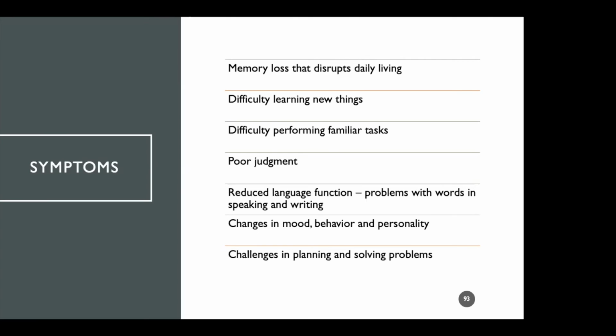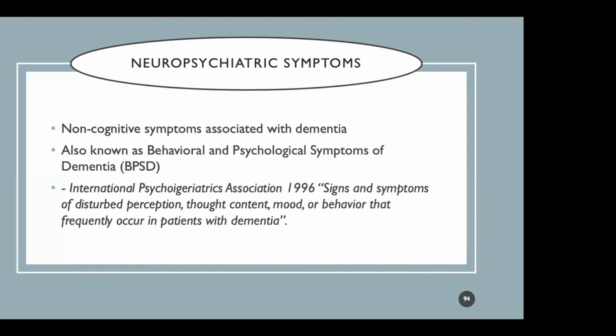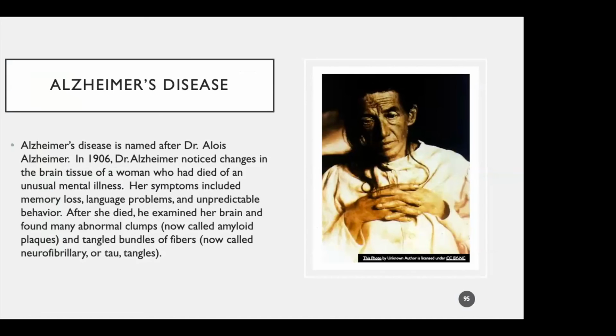Okay. So next slide, along with these symptoms, we also have another set of symptoms called neuropsychiatric symptoms, also known as behavior challenges or behavioral and psychological symptoms of dementia. Next slide. And if you know the disease, Alzheimer's disease, next slide, is named after Dr. Alois Alzheimer.